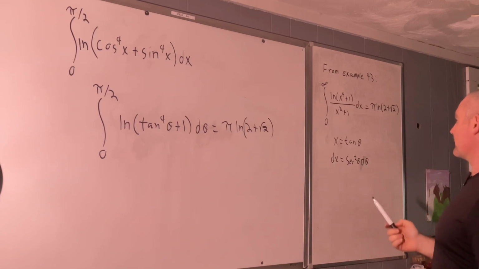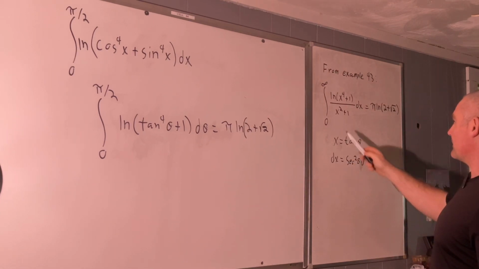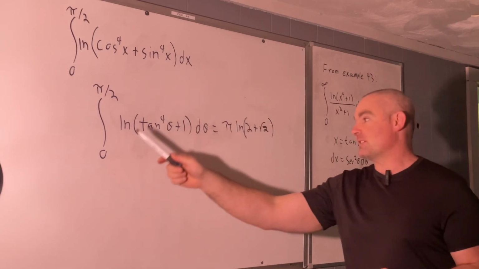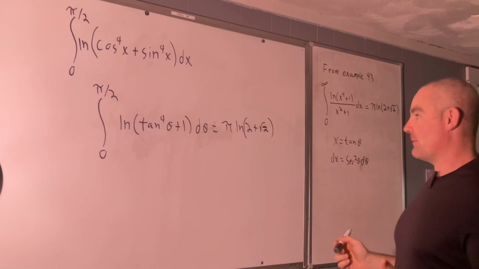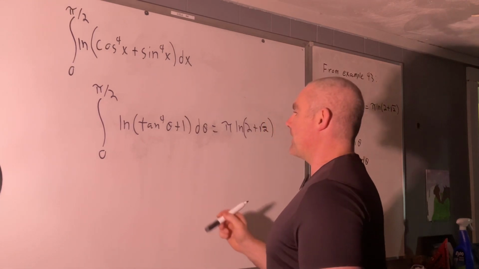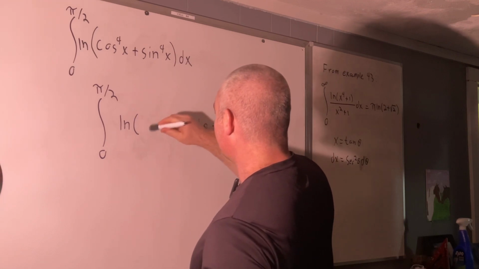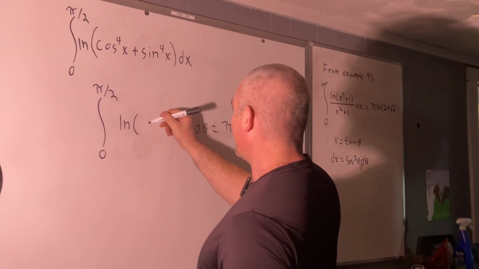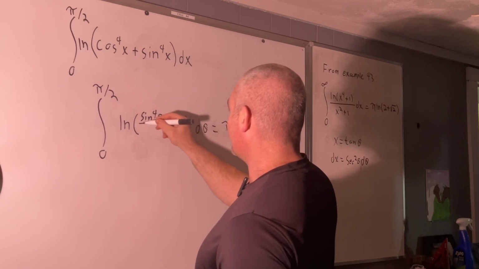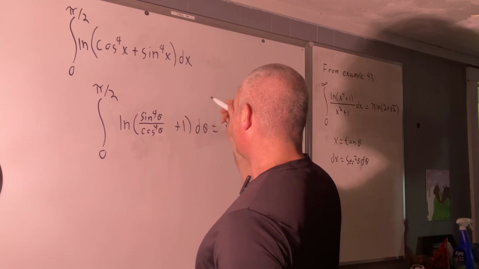And of course, the bounds of integration: if x is 0, then tangent theta is 0, so theta is 0. If x is infinity, then theta is pi over 2. So we end up with this thing right here. All right, so what does that mean? Well, we can rewrite tangent to the fourth theta as sine to the fourth theta over cosine to the fourth theta, right?